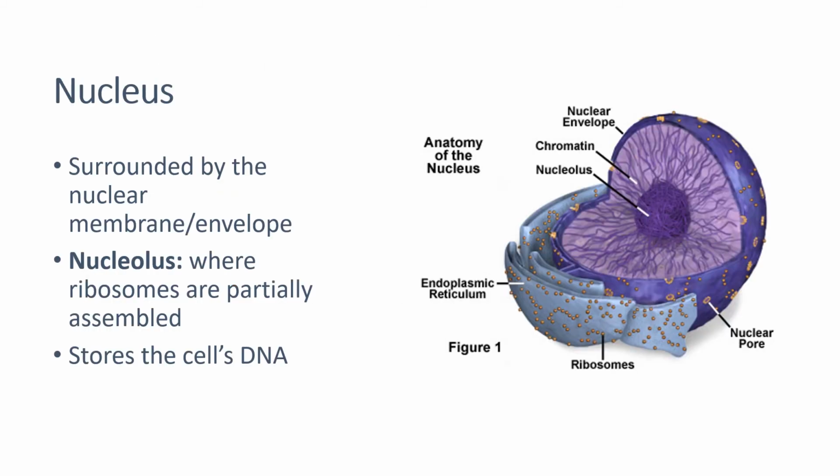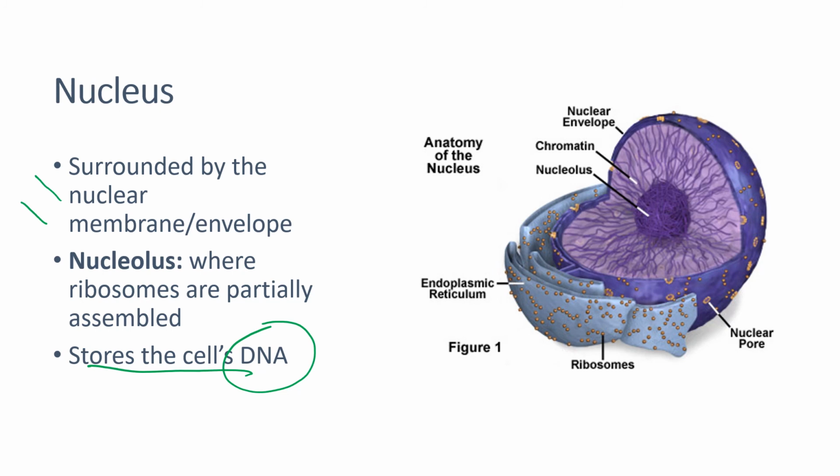So the nucleus is surrounded by a nuclear membrane envelope. It stores the DNA. The DNA means that this is where things are controlled. This basically starts everything. Without the nucleus, there would not be an animal cell, if you will.